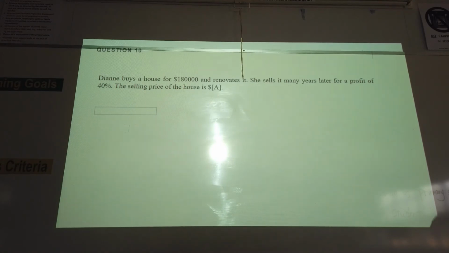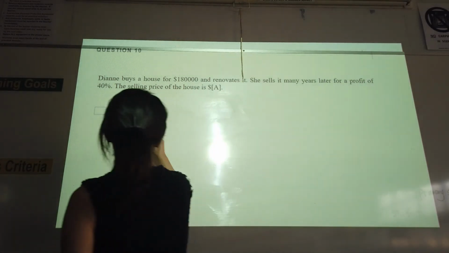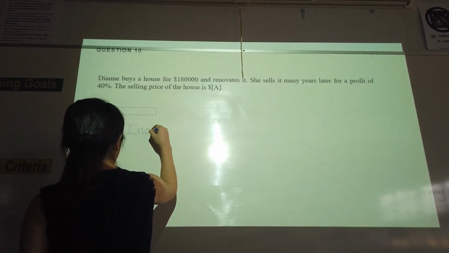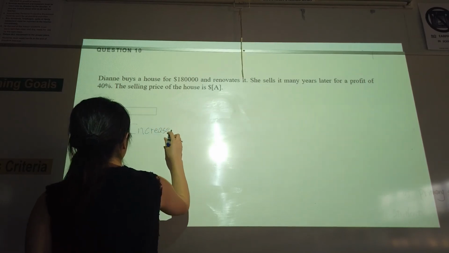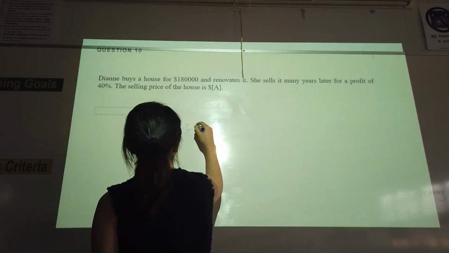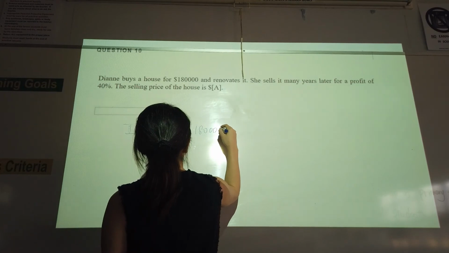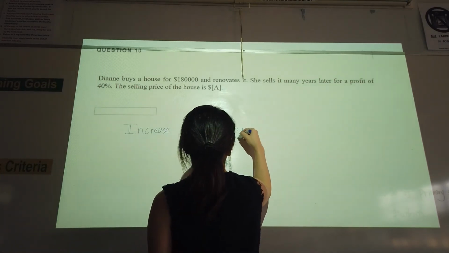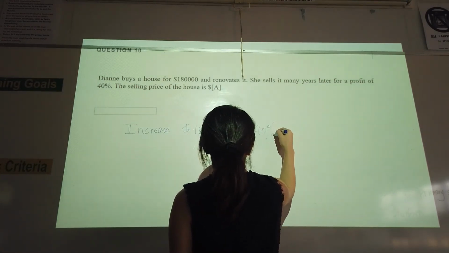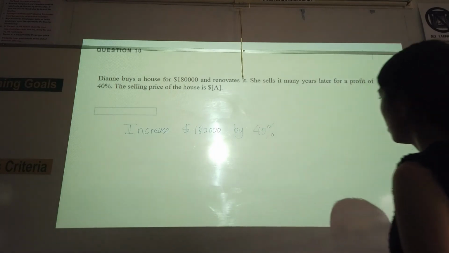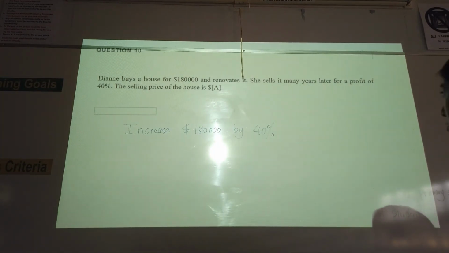So we are going to increase the amount by 40%. First step, we're going to calculate the profit.